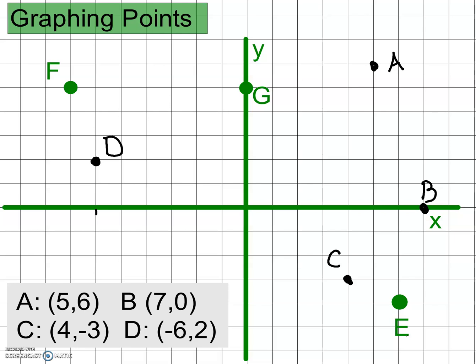So this point is 6 to the right and 4 down, so make it negative. And point F, you started here and go 7 to the left, and then 5 up. So (-7, 5).